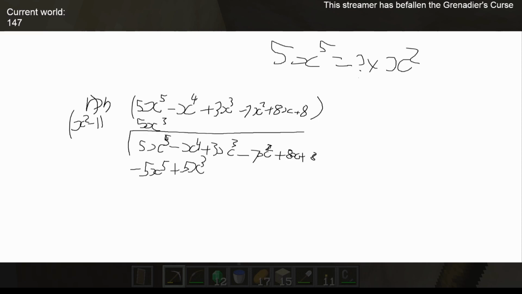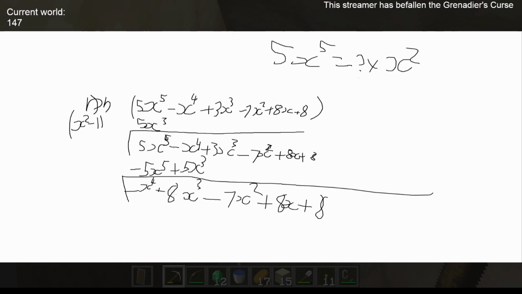You're gonna do all of that. You get negative x to the power of 4 plus 8x to the power of 3 minus 7x squared plus 8x plus 8. And then you're gonna do it again.